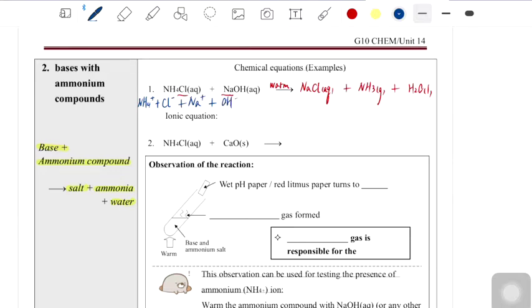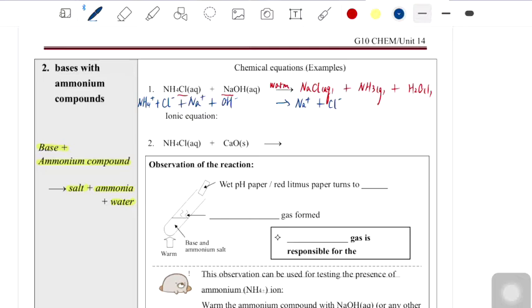Here, to speed up the process, I didn't include the state symbols. But when you practice it, please write the state symbols because you may make mistakes if you forget them. On the right hand side, sodium chloride will provide sodium ion and chloride ion.